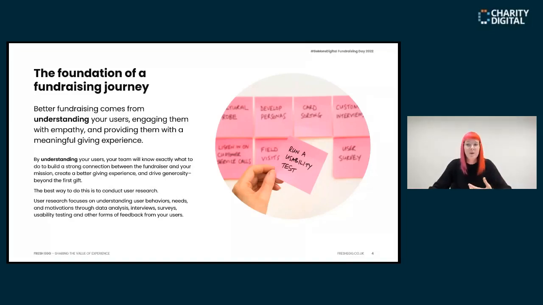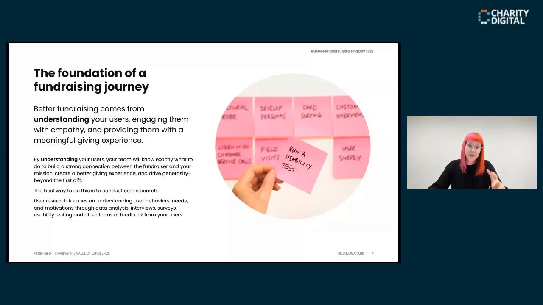So research is all about understanding your users' needs, their goals, their motivations, and their behaviours. And by building this knowledge about the people who interact with your charity, you can optimise your site so that it best supports them in reaching their goals and having a great experience while they're doing so.